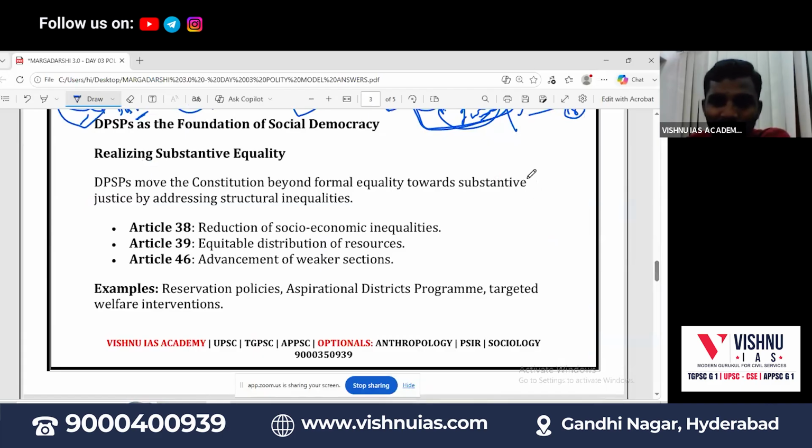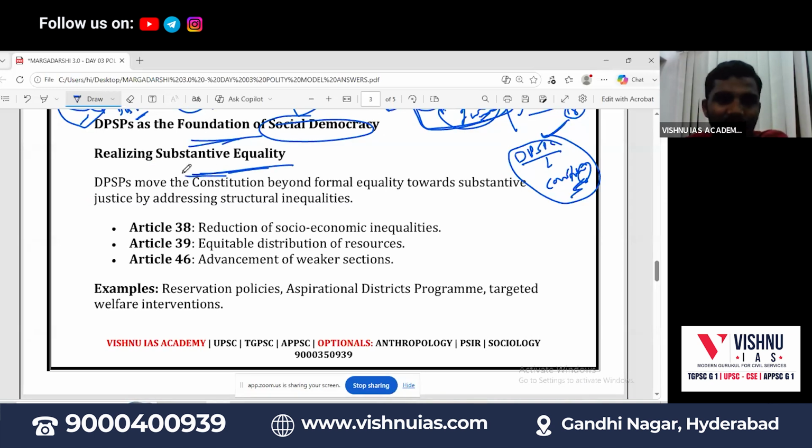What should be the core answer? The core answer is DPSPs are also important. For what? For constitutionalism. If India has to see constitutional values in future, that means DPSPs should also be included. That's the idea. So let us see how DPSPs are the foundation of social democracy. Realizing the substantive equality. So equality is ensured through political fundamental rights exercising, but substantive equality is possible only with the DPSPs.